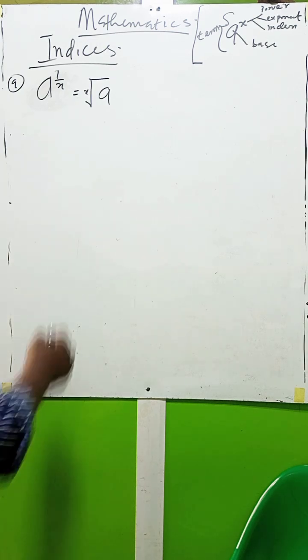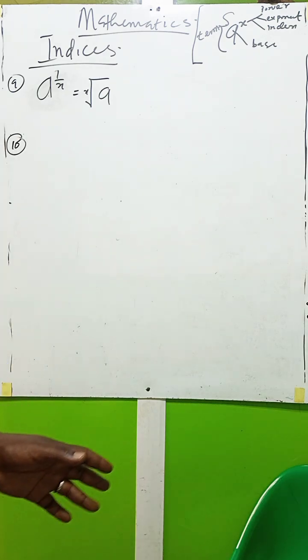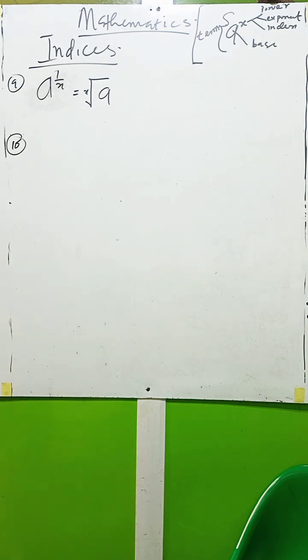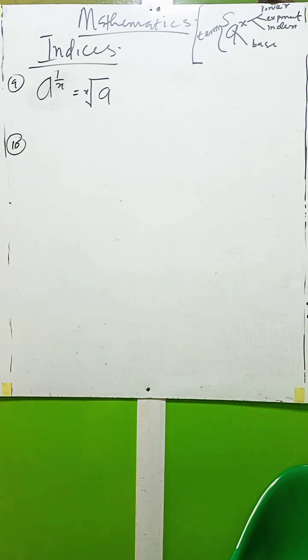But rule number 10 adds a little clause to that. What if the fractional power has both numbers as whole numbers that are not 1?